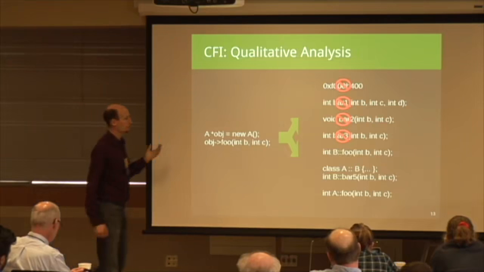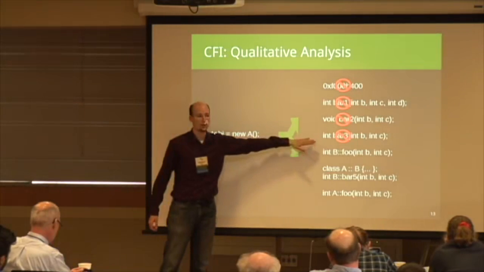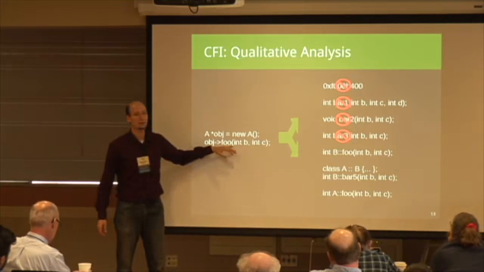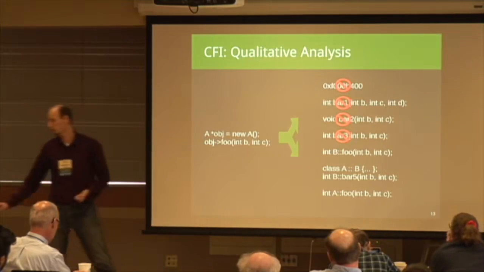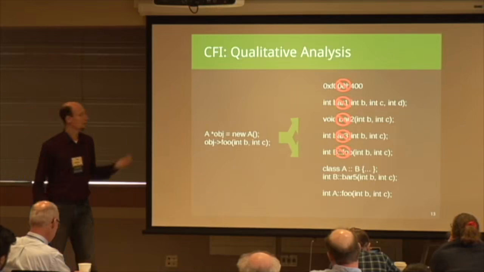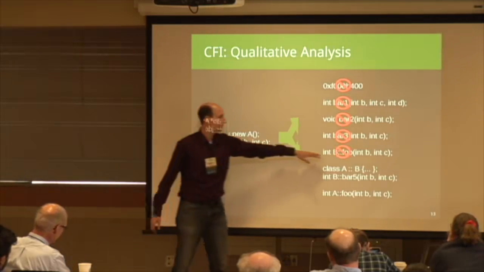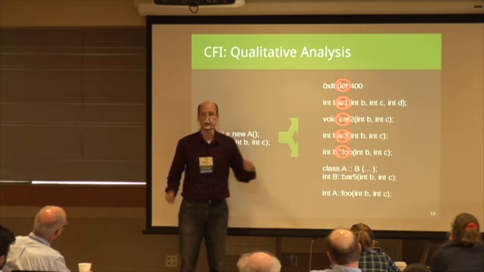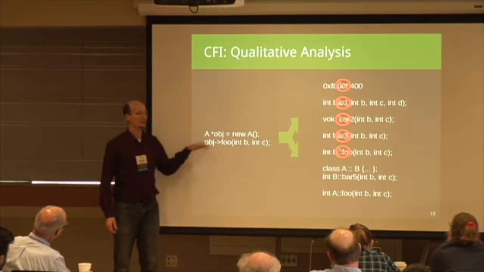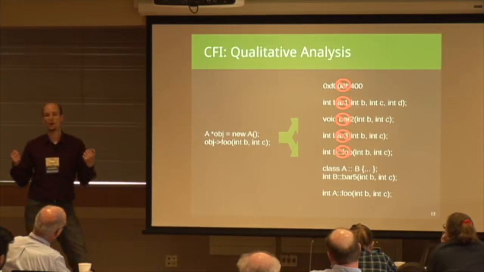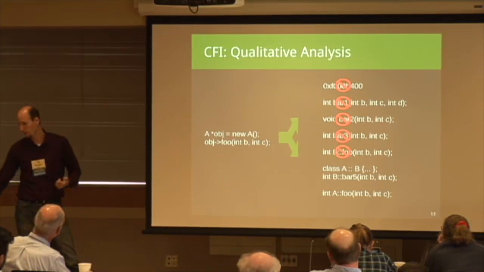There are CFI mechanisms that check that this is a C function, while we are doing a C++ style dispatch, so we can remove this function. There are other mechanisms that say, hey, this is a C++ function, but B is not related to class A. Therefore, there's no valid way we could dispatch over here.